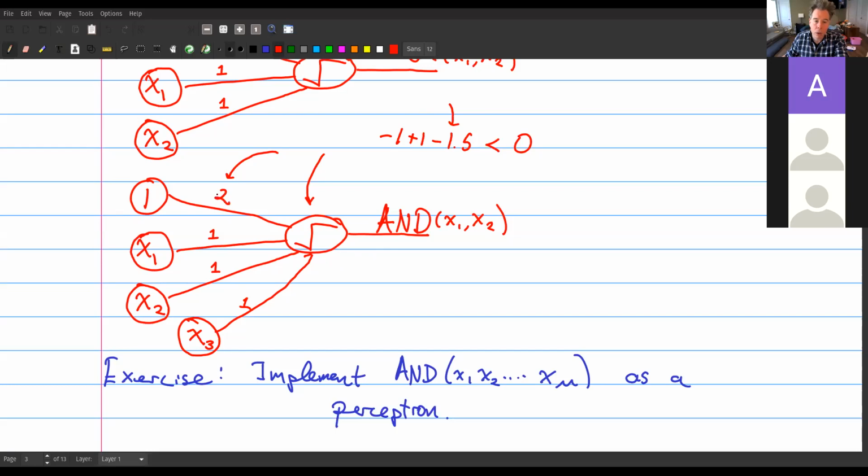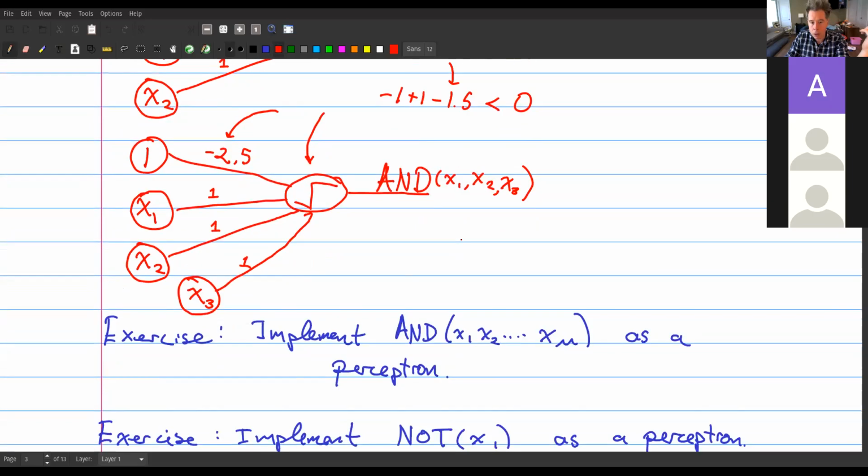The reason you don't want 3 is because 3 would overwhelm everything. But you want a little space left over for x1, x2, and x3 to be able to overcome. So now if all 3 of these are 1, then it adds up to 3, which overcomes the negative 2.5 to make a positive value, and then true comes out. But if there's any other configuration here, then it's not enough to be bigger than negative 2.5. And so a negative 1 will come out, which is false.